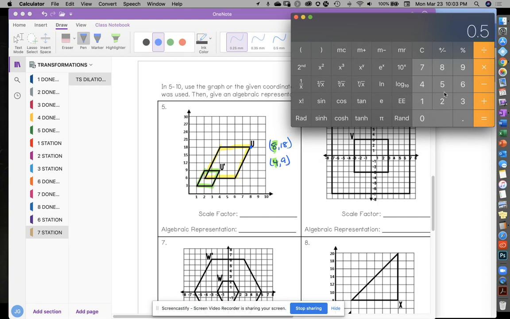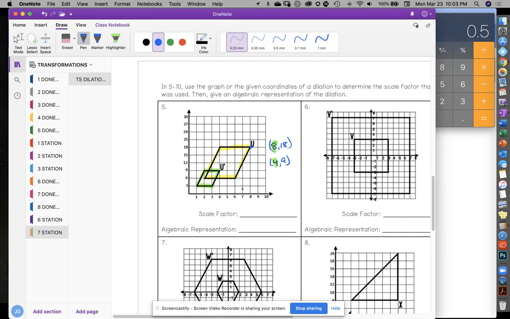All right, let's see the same here. 9 divided by 18, also 0.5. So this was a 0.5, or you could say half. And what did we do to both? We took half of the x and half of the y.